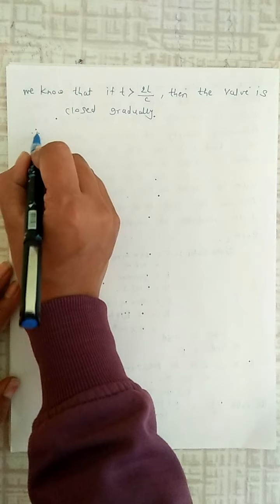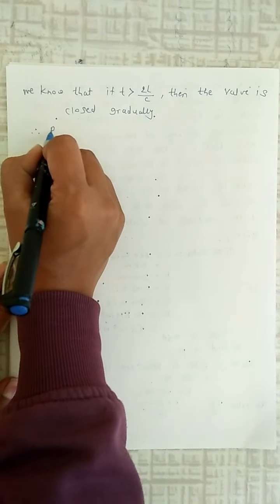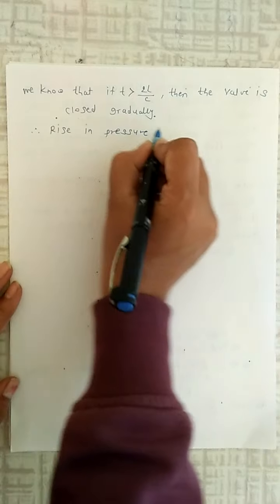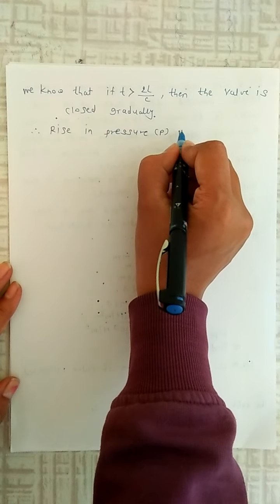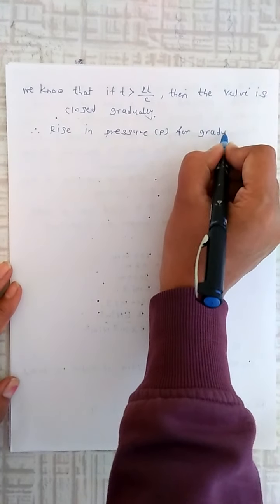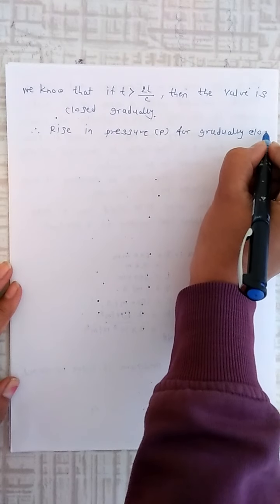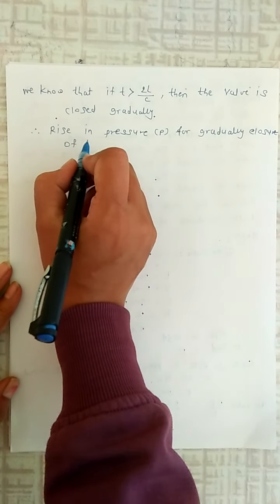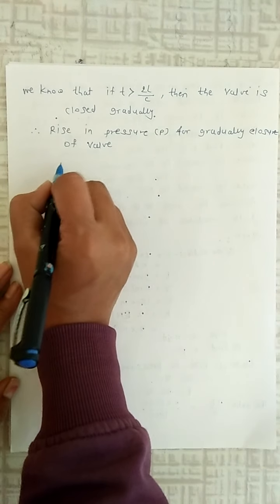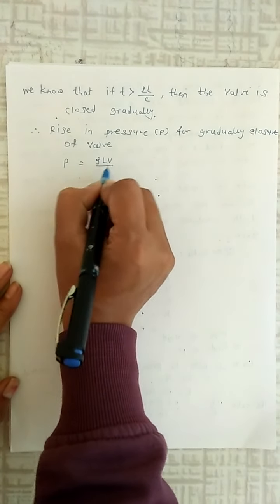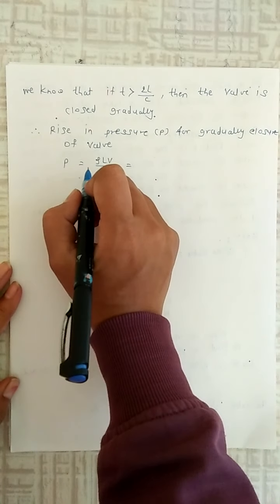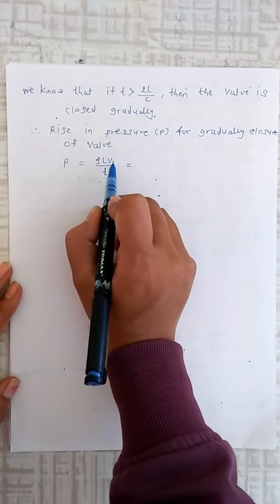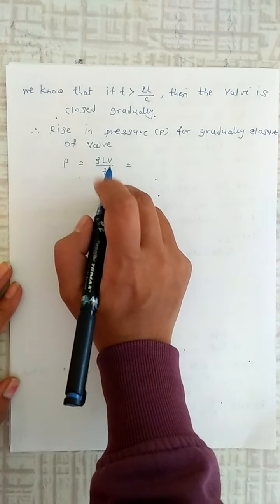So our next step is we write the rise in pressure, that is P, for gradual closure of valve, equal to rho LV upon T. Okay, this is the formula for calculating the rise in pressure for gradual closure of valve, where rho is the density, L is the length, V is the velocity and T is the time.